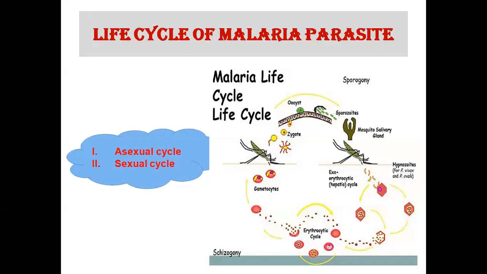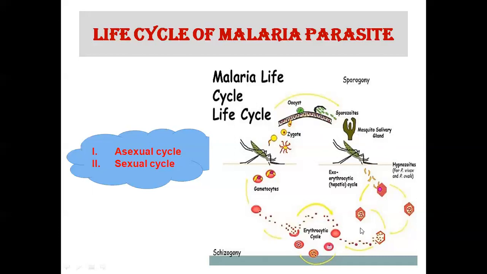From the circulation it enters the liver, and there it is converted into merozoites. The sporozoite converts into merozoites in the normal person's liver, and from there they come into the blood circulation again, enter red blood cells, multiply and rupture the red blood cells, and for this fever occurs, and then they come into circulation.